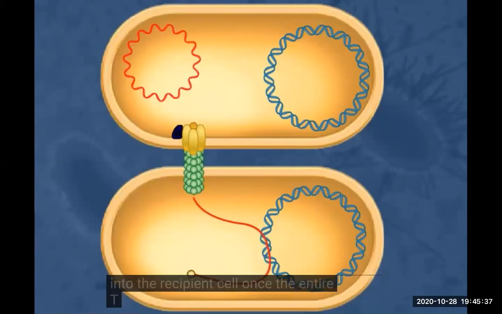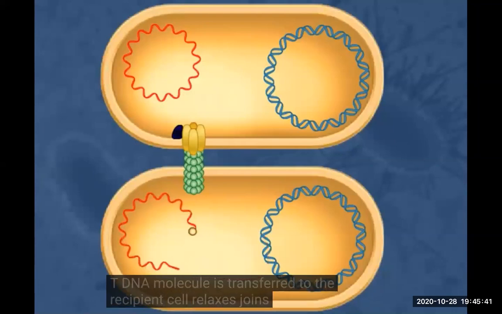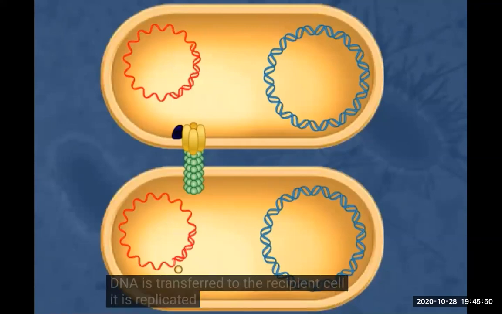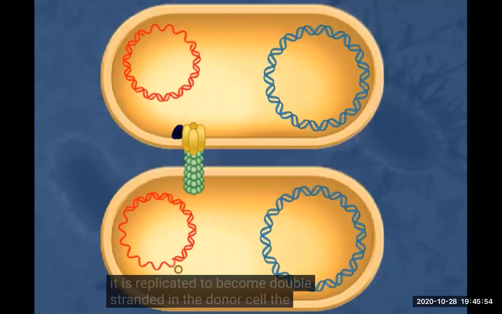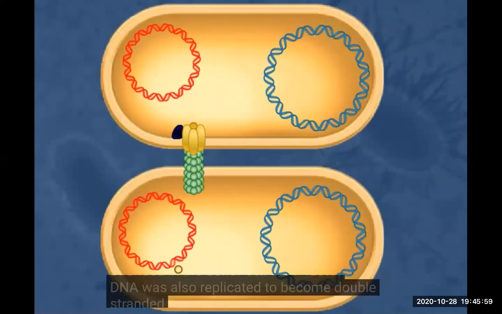Once the entire tDNA molecule is transferred to the recipient cell, relaxase joins the ends to make a circular DNA molecule. As the tDNA is transferred to the recipient cell, it is replicated to become double-stranded. In the donor cell, the F factor DNA was also replicated to become double-stranded.